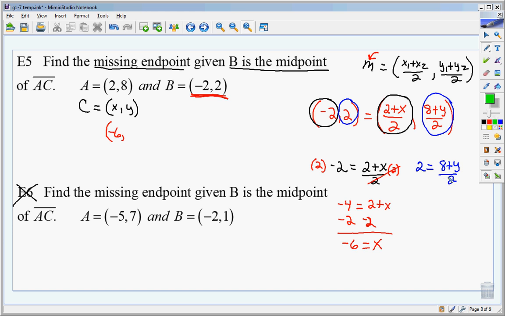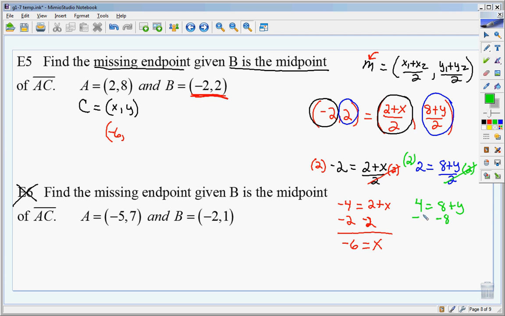I'm going to do the same thing for my y-coordinate. I'm going to multiply both sides by 2. 2 times 2 is 4, and it's equal to 8 plus y, because these 2's are going to have canceled out.